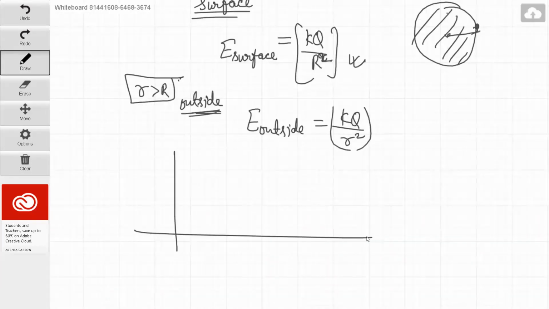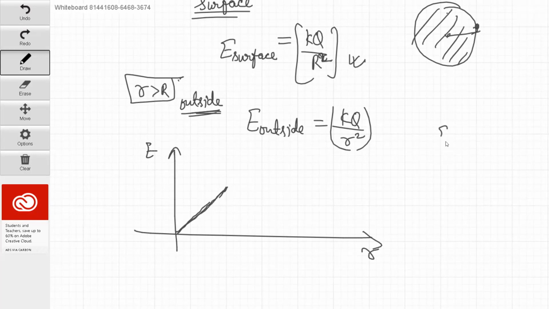Draw the graph of it. So electric field versus R curve. So electric field inside is a straight line because the formula of electric field inside is KQ small r divided by capital R cube. This is the constant. So this is proportional to r, isn't it?